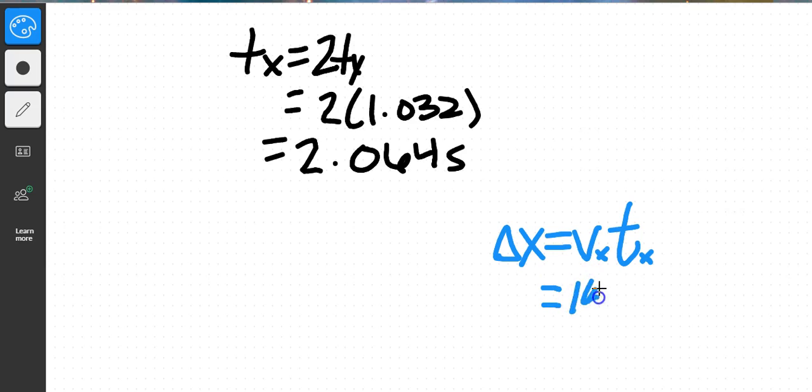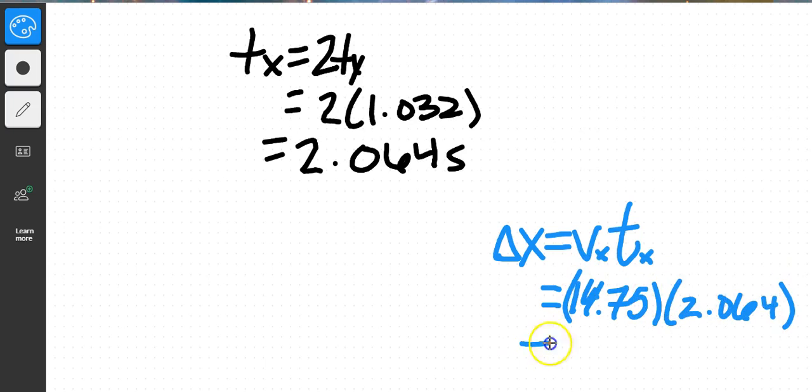So we got 14.75 as the x velocity, and the time in the x direction was 2.064. And when we multiply those two together, we are going to get 30.4 meters. So the quarterback and the receiver have to be 30.4 meters apart, and it's going to take about 2 seconds for the ball to hit the ground on that side.